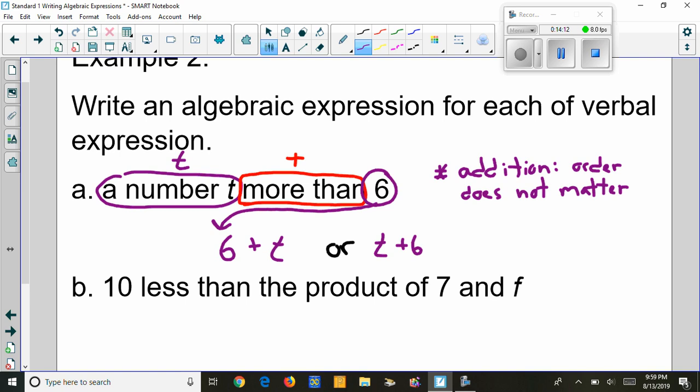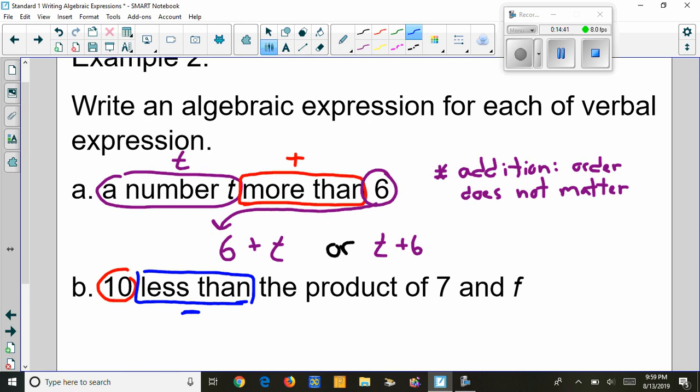10 less than the product of 7 and f. So let's take a look. We have our first part, which is the number 10. We have less than, which we know is subtraction. But we also know that means we're going to have to reverse the order.